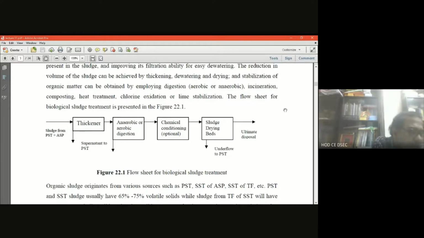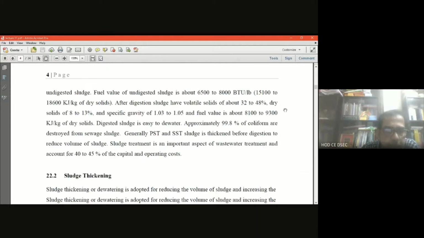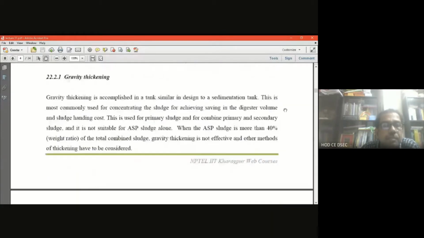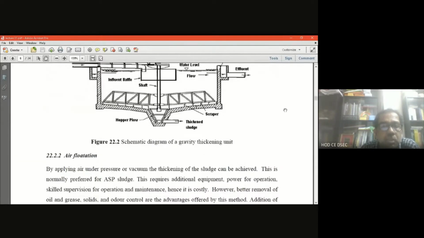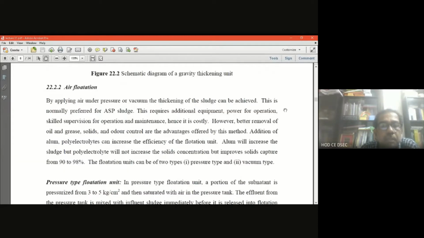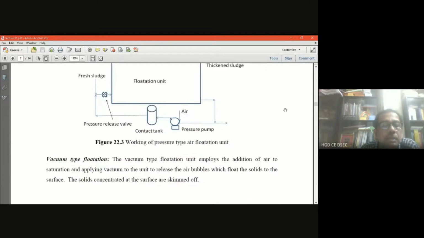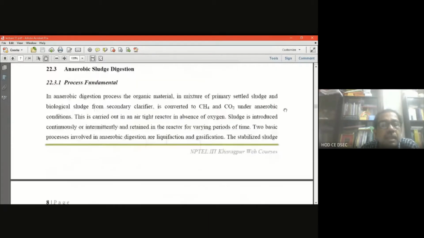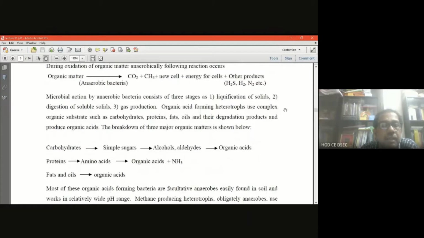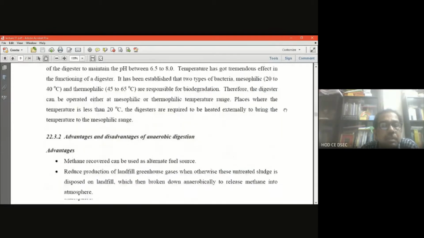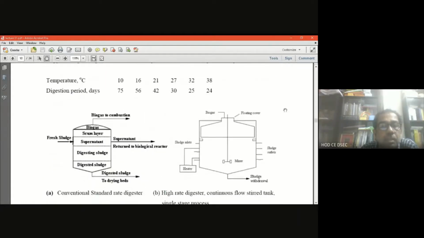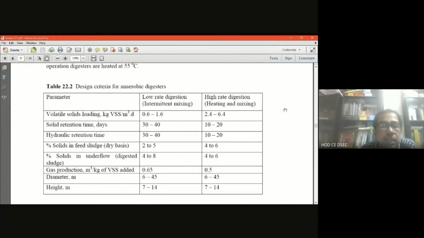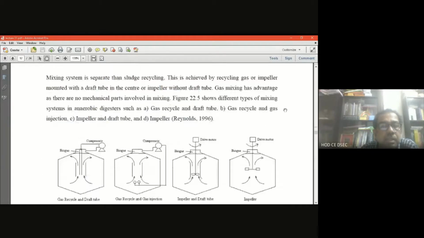So let us start with one problem background, then we will discuss the numerical part of the anaerobic digester, that is, how to solve the problem, how to design the anaerobic sludge digester.